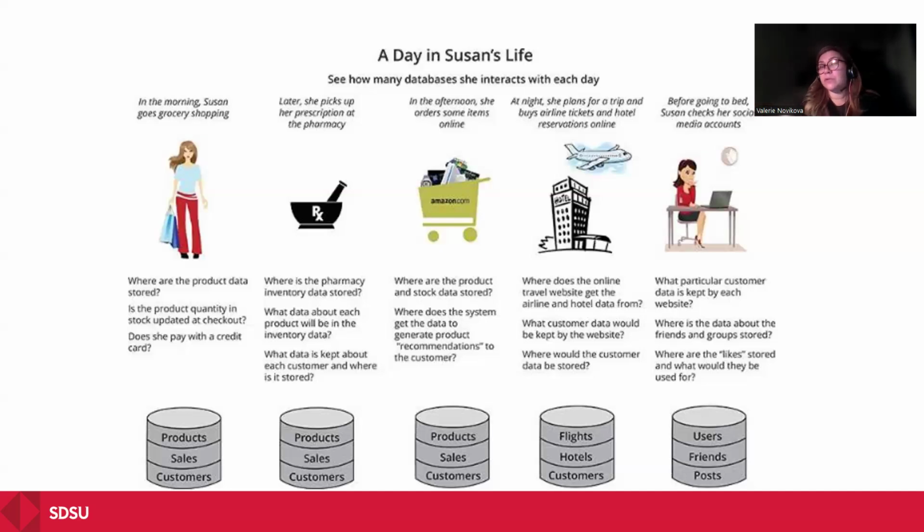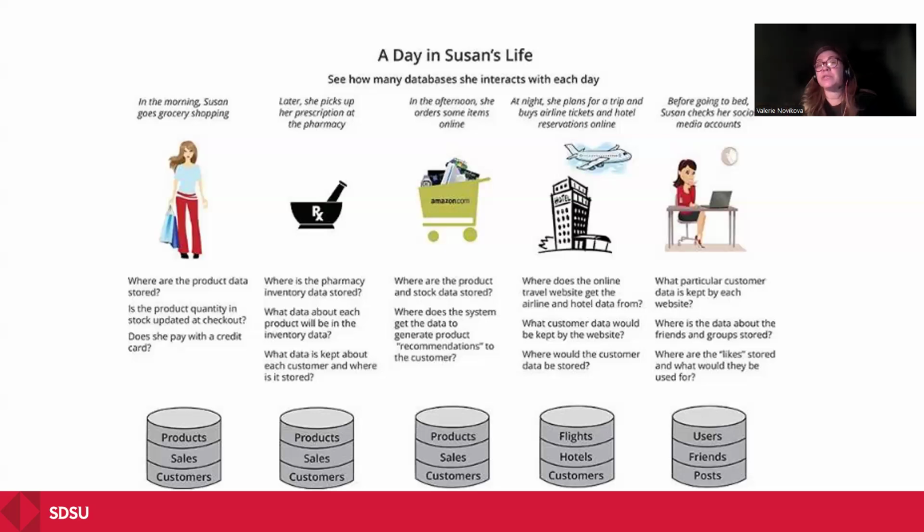Then Susan goes home and does some online shopping. We discussed this online shopping in detail during the last lecture. Similar to grocery shopping and pharmacy, there is also a products, sales and customers database behind every online order.